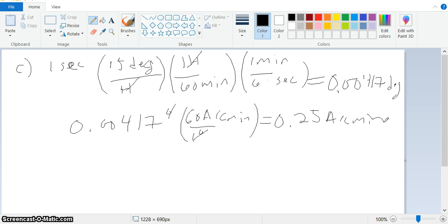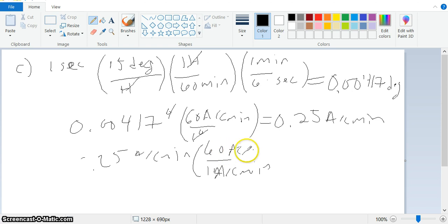And so now I'm going to convert that, 0.25 arc minutes, and I know that in 1 arc minute there are 60 arc seconds. And so the arc minutes, of course, cancel, and 0.25 times 60 gives me 15 arc seconds.